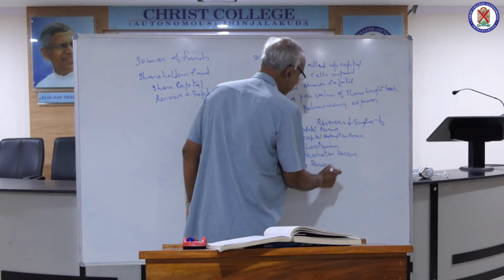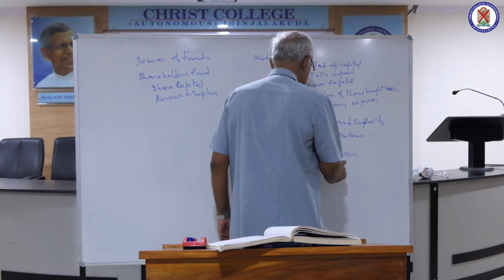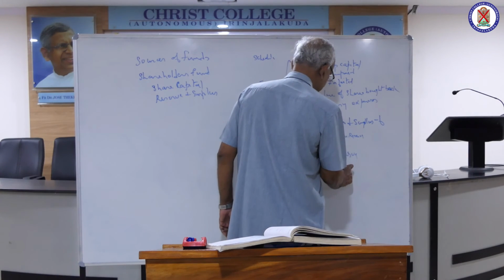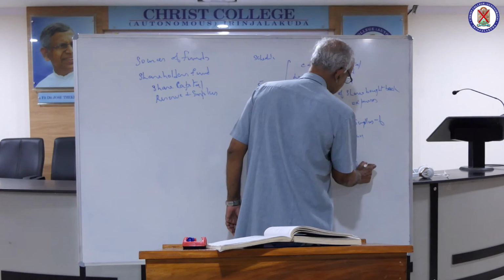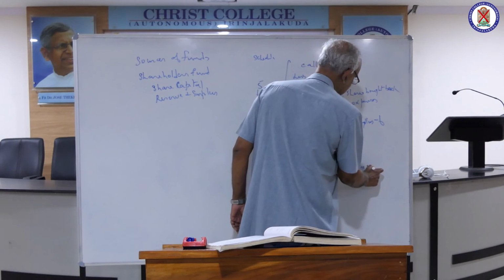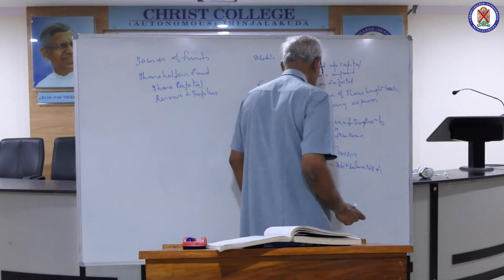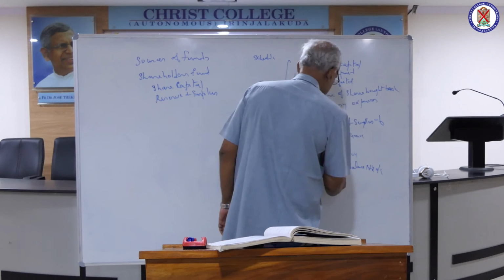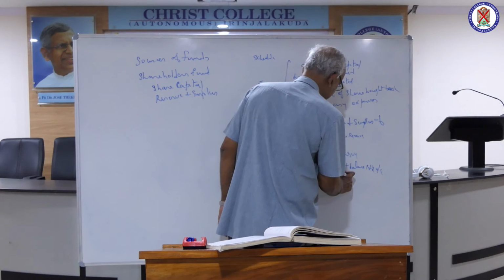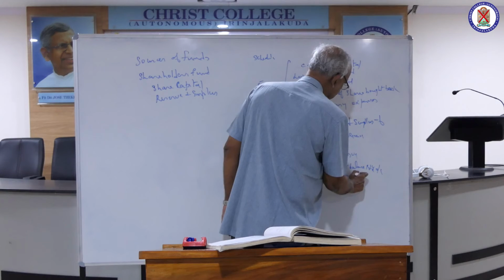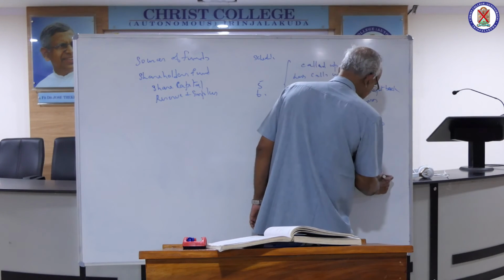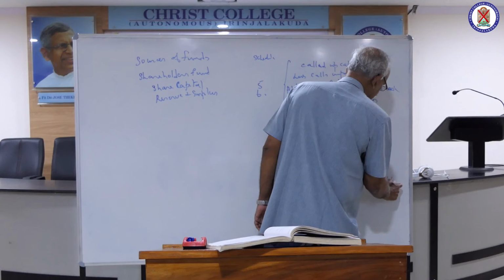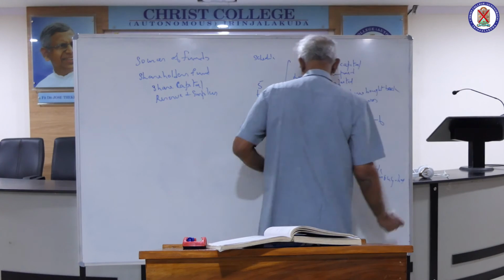From general reserve, you have to deduct debit balance of P&L account and the amount utilized for buyback. That is to be deducted from general reserve.